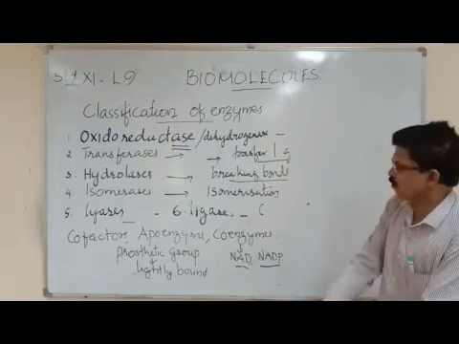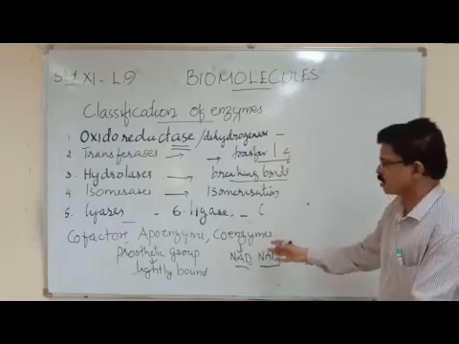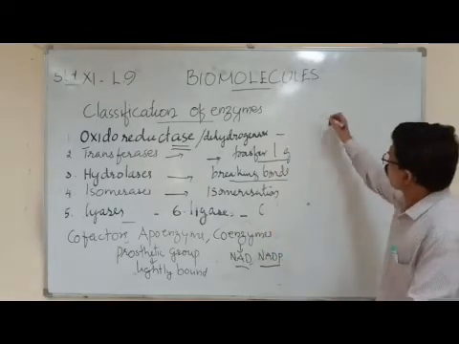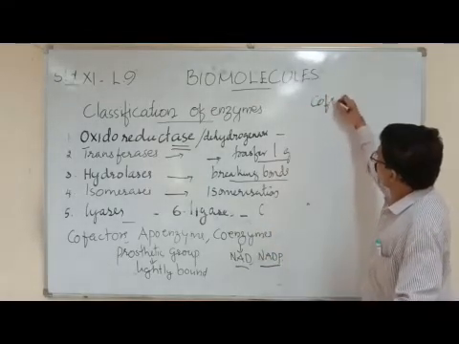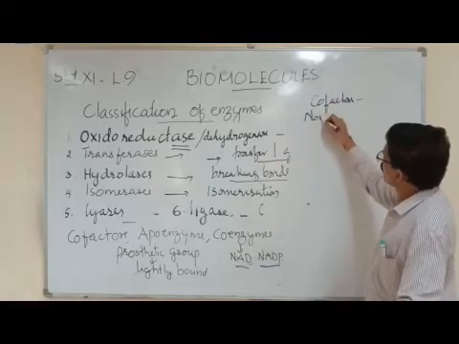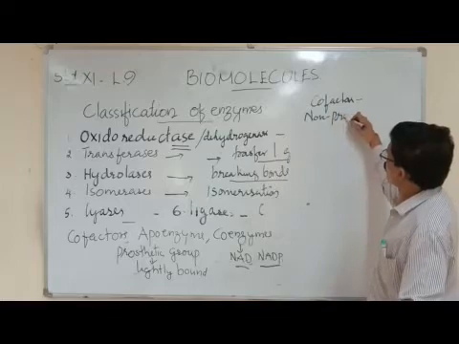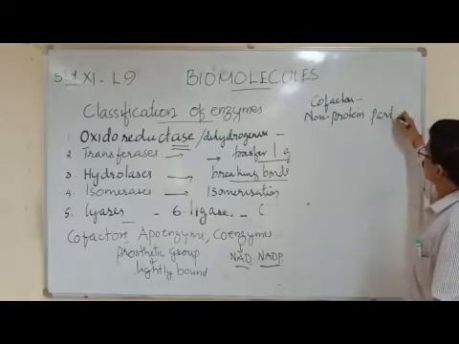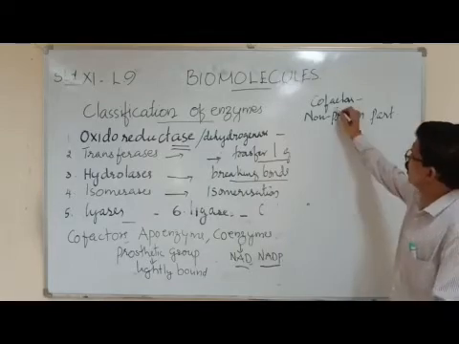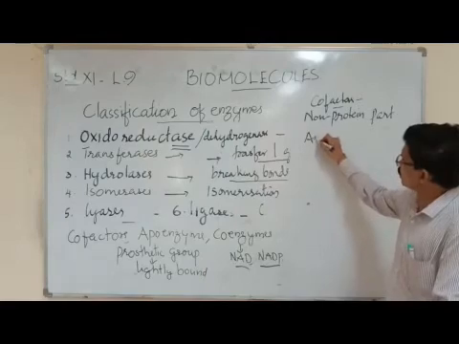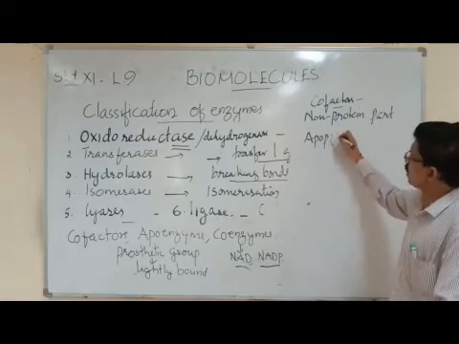Now, we are coming to the last part of the chapter. That one is cofactors, apoenzyme, coenzyme, prosthetic group. What are the 4 terms indicating? Cofactors are the non-protein part of the enzyme.